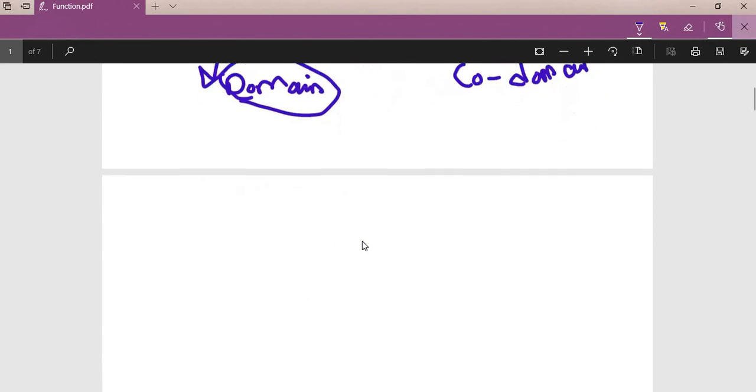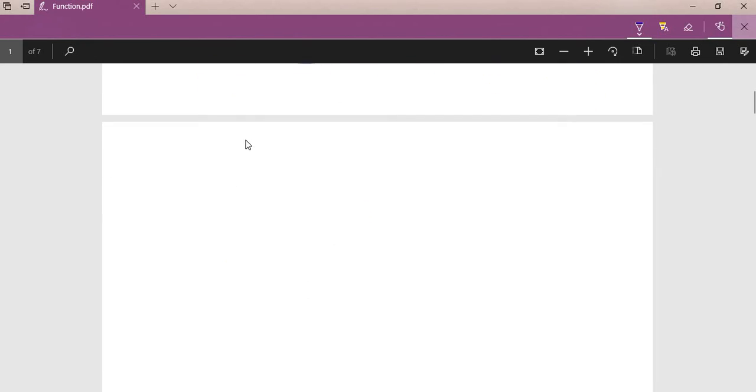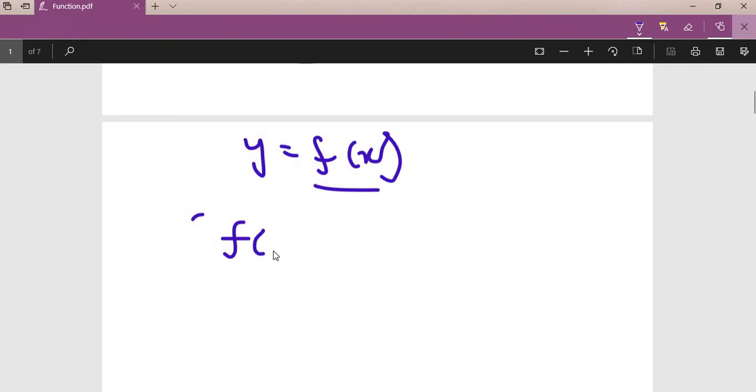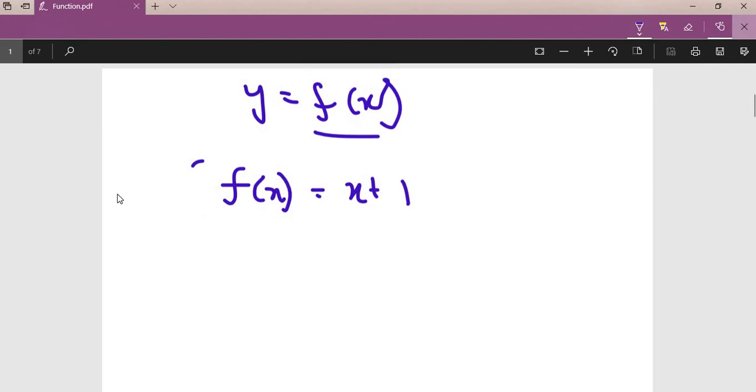Okay, so mathematically we denote a function like y is equal to f of x. The pronunciation of this term is y is equal to f of x. Let me explain through an example. Like we have the example, f of x is equal to x plus 1. This is an example of a function.